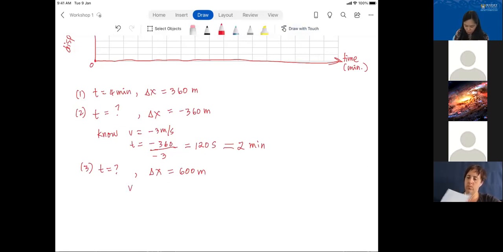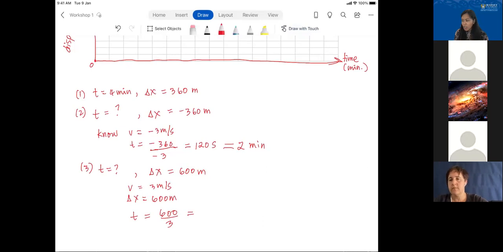You know that your velocity is 3 meters per second, moving towards the positive direction, and your displacement is equal to 600 meters. The time is displacement over velocity, so 600 divided by 3 gives you 200 seconds. 60 seconds is 1 minute, so 200 seconds is roughly 3 minutes and something. If you want to be exact, that's 3.3 minutes.